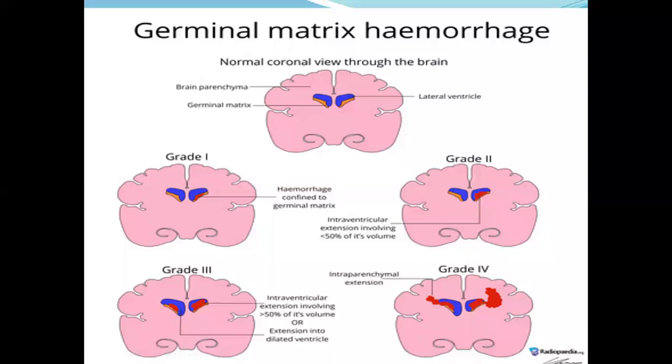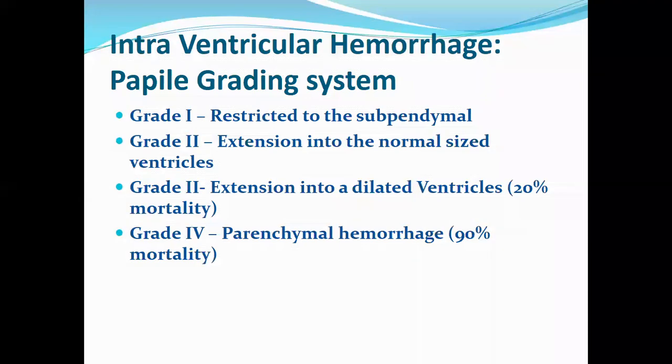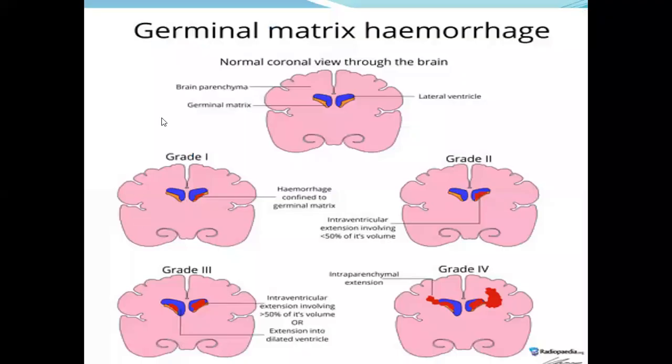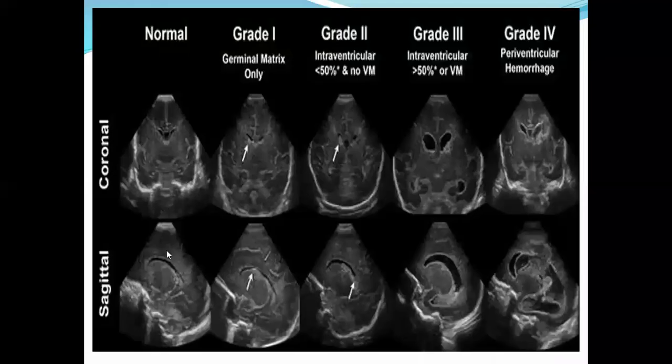So this slide is what I was explaining here. What do you see on ultrasound? This is what you see. Normal: nothing wrong with this brain. Here you see subependymal hemorrhage. It doesn't break into the lateral ventricles. It is just adjacent to it. In sagittal, you see it more clearly.